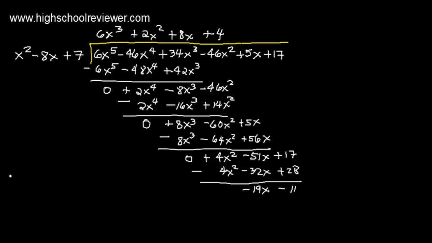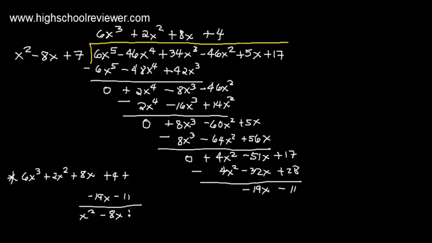So therefore, our quotient is 6x cubed plus 2x squared plus 8x plus 4 plus our remainder, which is negative 19x minus 11. Divide this by our divisor, which is x squared minus 8x plus 7. So this is now our final answer.